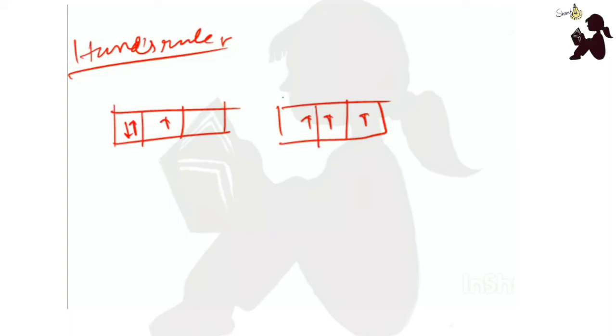One of the orbitals is empty here, so this is less stable and this is more stable.